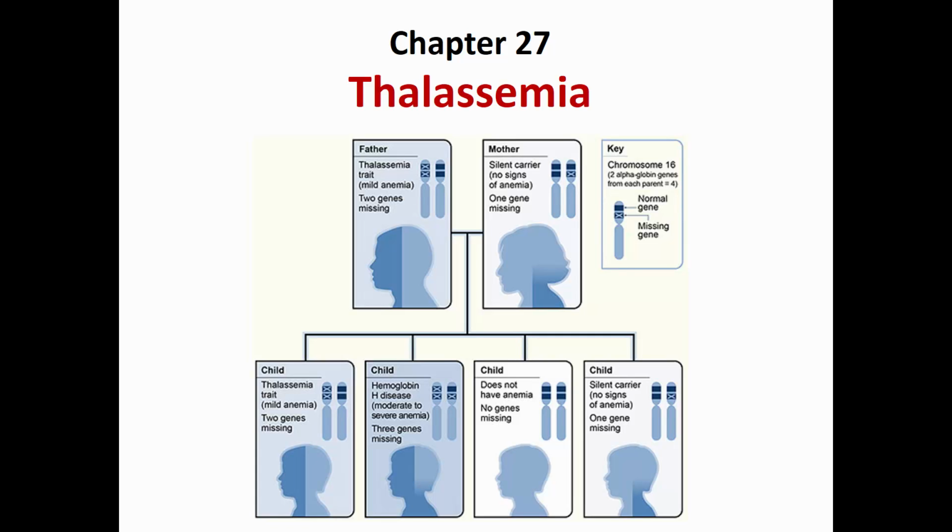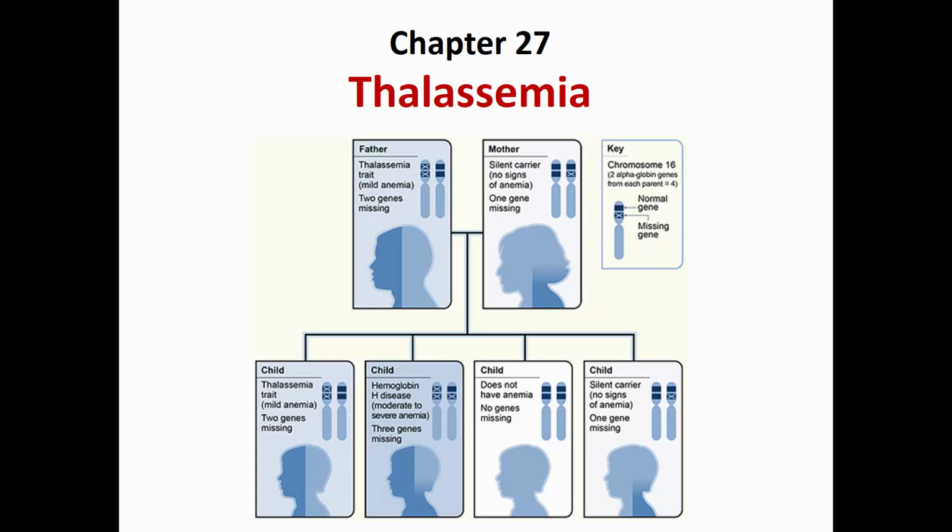So last time we talked about hemoglobinopathies. What was the general characteristic of hemoglobinopathies? How would you be able to define all of them in one sentence? One mutation.